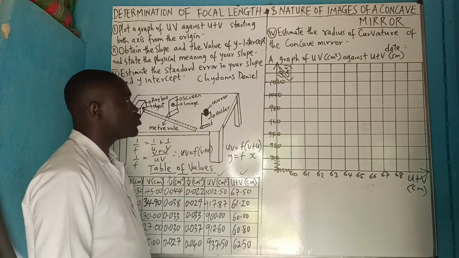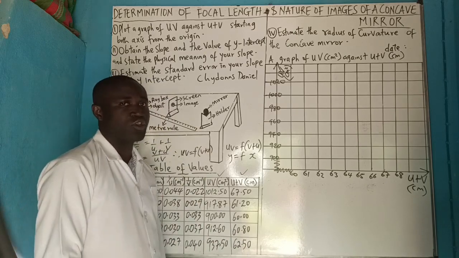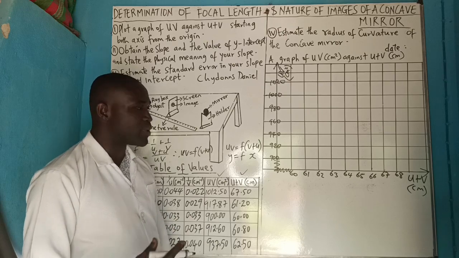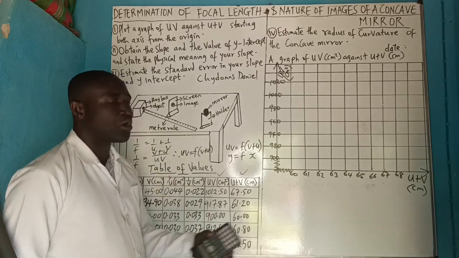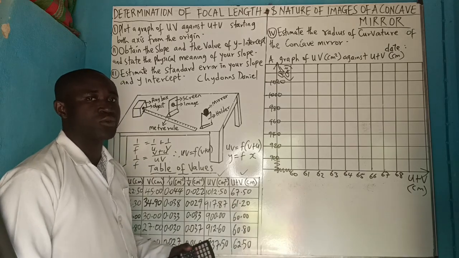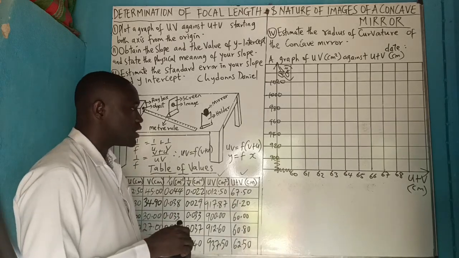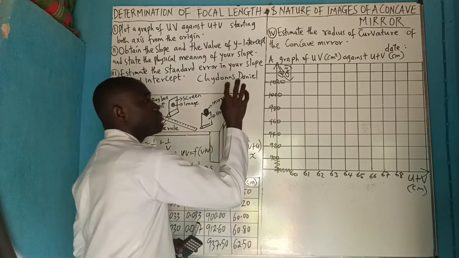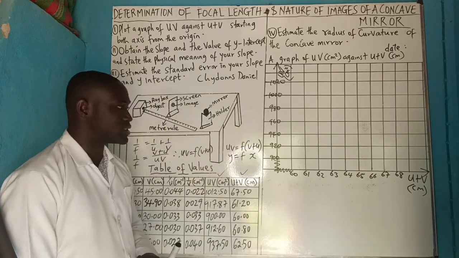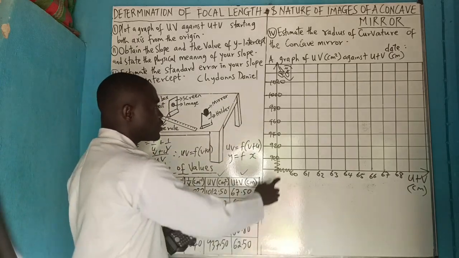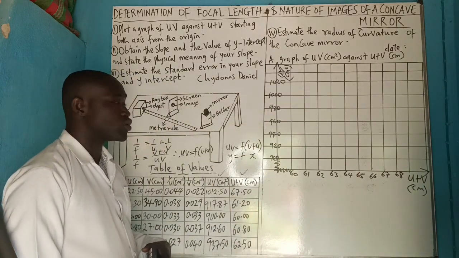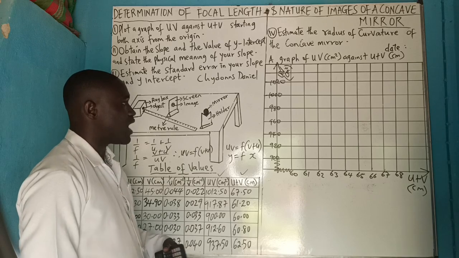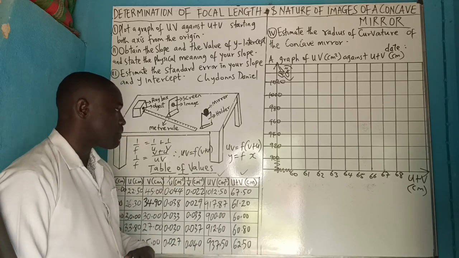When you do that, you will be able to watch and see how you do the manipulation to get your appropriate scale. Are you getting it? You have to write your scale after you are done with the graph plotting.